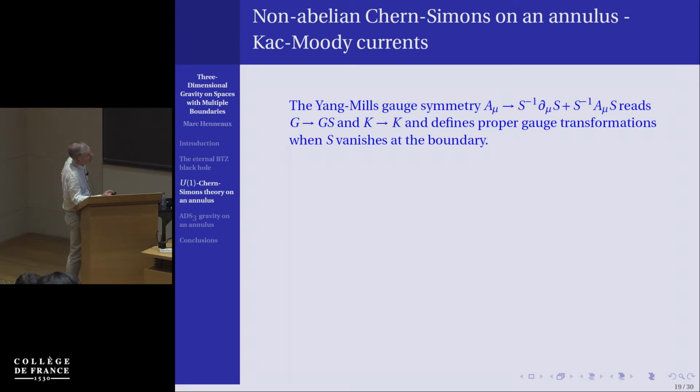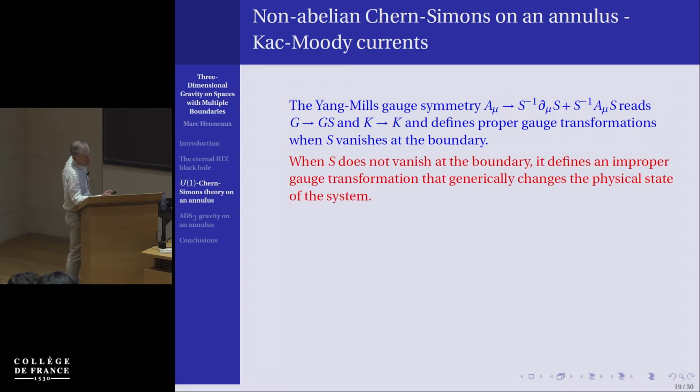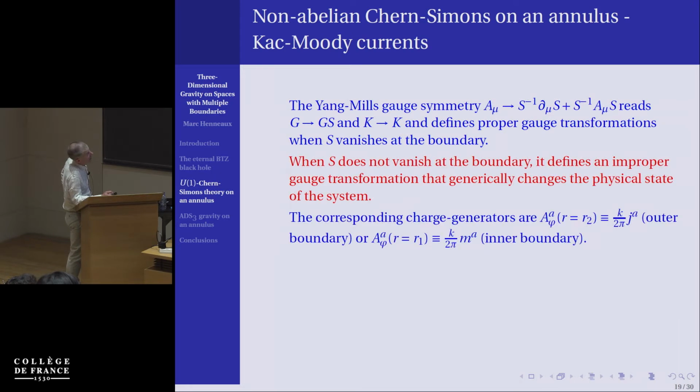Okay, so that's a global symmetry. And actually that symmetry is generated by, again, the angular component of the vector potential taken at the boundaries. So there will now be two Kac-Moody algebras. It will be a non-abelian Kac-Moody algebra based on the corresponding Chern-Simons group.